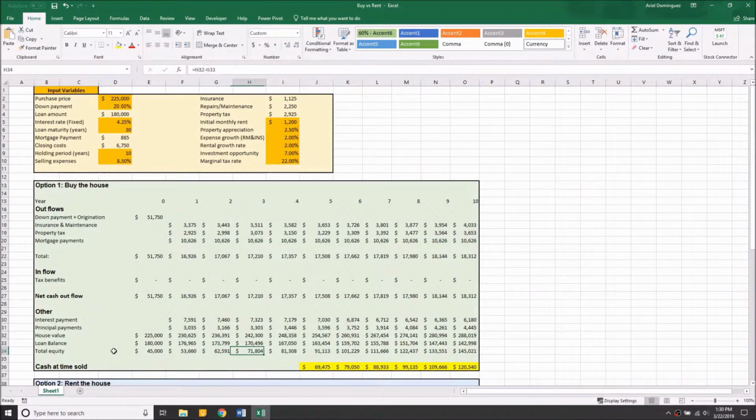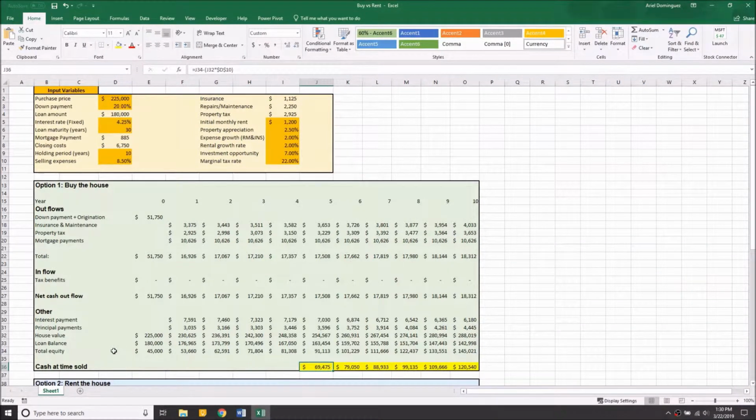So this increases over time for two reasons. One, the property is going up in value, and two, your loan balance is being paid each year and it's decreasing. So with home value increasing and the loan balance decreasing, your equity grows every year, and then that gives us our cash at time of sell.